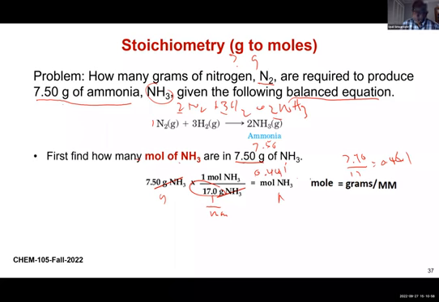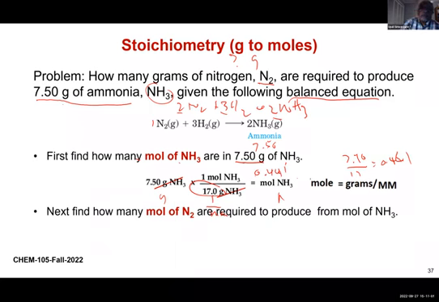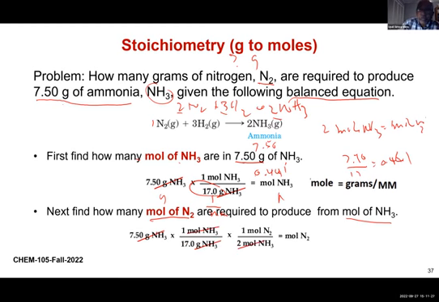So the question is, how many moles of nitrogen are from these moles? Use the conversion factor. 2 moles of ammonia is equal to 1 mole of nitrogen. So we use the conversion factor, which I obtained from these two numbers, 1 to 2.